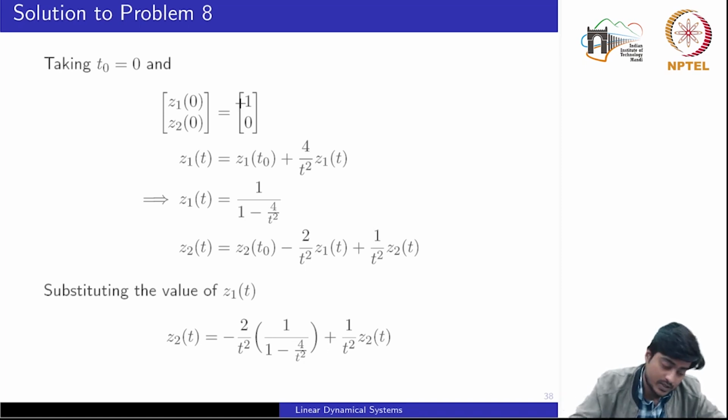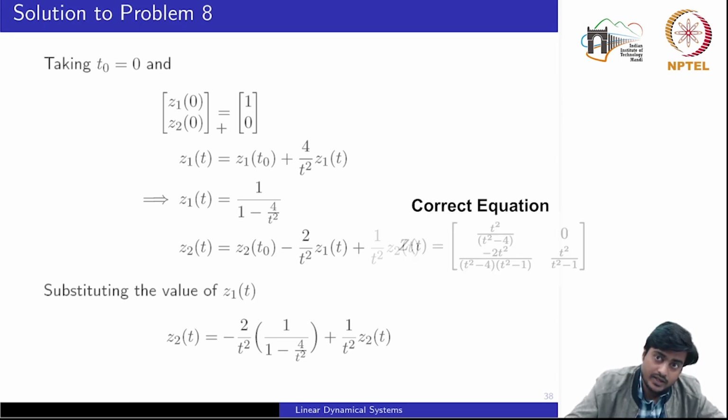Now these two solutions are specific to this initial condition. If you recall the computation of the fundamental matrix, we need at least two linearly independent vectors, so that once you compute the fundamental matrix, it is non-singular. So the first initial condition we have specified is this one, and for another initial condition we need both these vectors to be linearly independent. So another natural choice of the initial condition would be 0, 1.